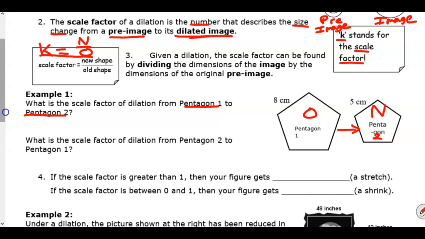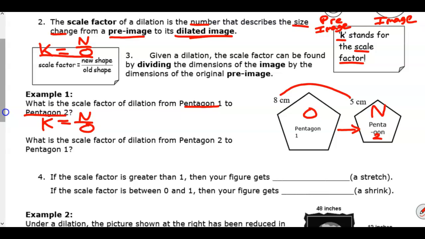Cool. So I know which one's new. I know which one's old. And I need to know K equals N over O. So let's rewrite this. K equals N over O. All right. Now, for N over O, does everyone see 8 and 5 are corresponding sides, right? And if they're corresponding, all I'm going to do is put the new one over the old one.